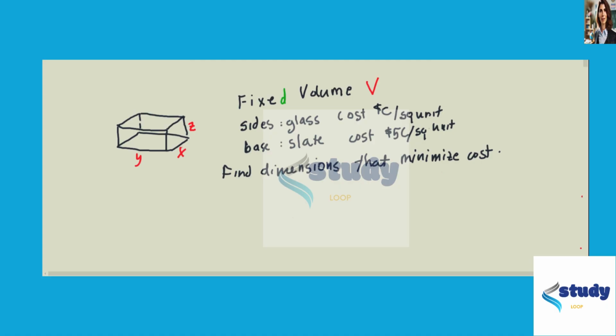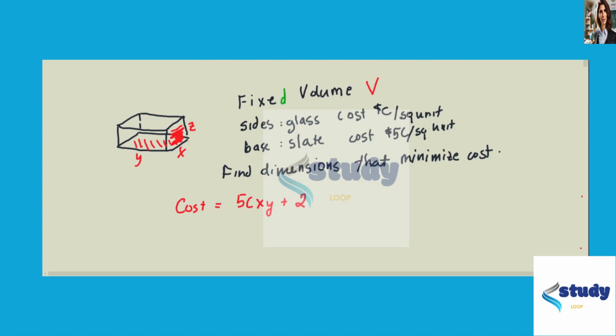All right, so let's write a function for the costs. Okay, the base costs $5C per square unit. And the number of square units is, well, it's a rectangle, so its area is X times Y. So 5C times XY plus, okay, the right side's size is XZ, and so is the left side, and it's made of glass.